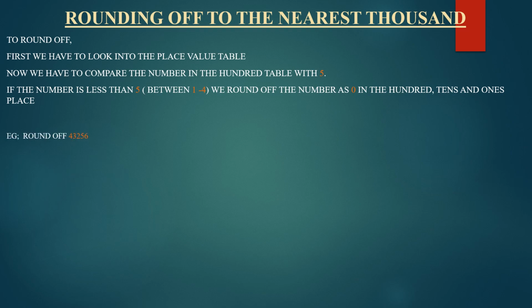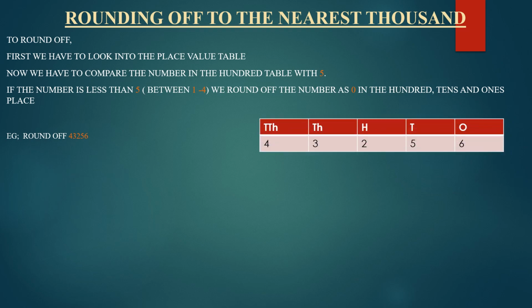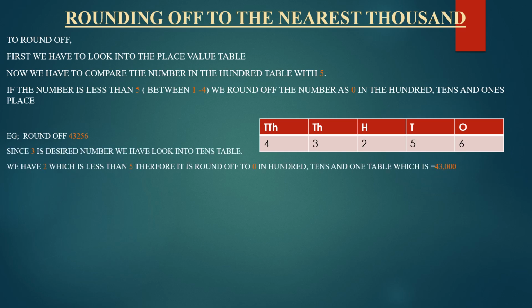Example, we are going to round off 43,256. So we have made it in the columns: ten thousands, thousands, hundreds, tens and ones. We have 2 which is less than 5. Therefore, it is rounded off to 0 in the hundreds place. Where does the 2 come?